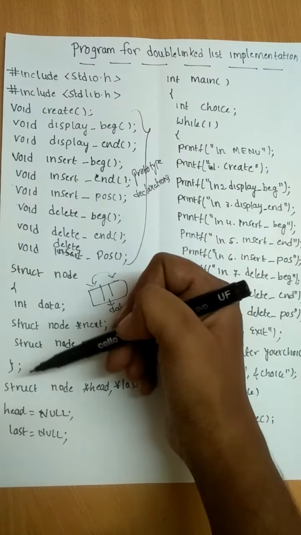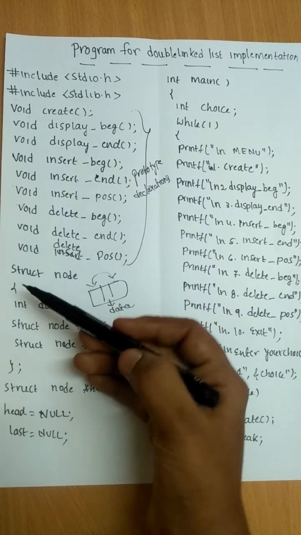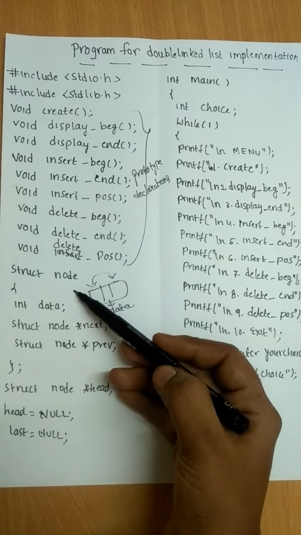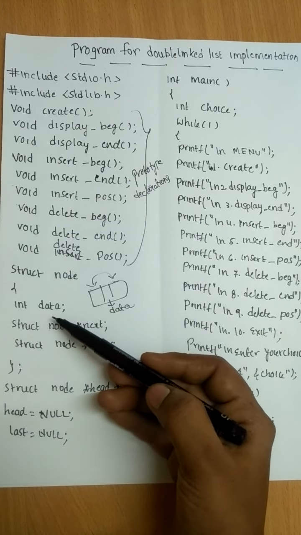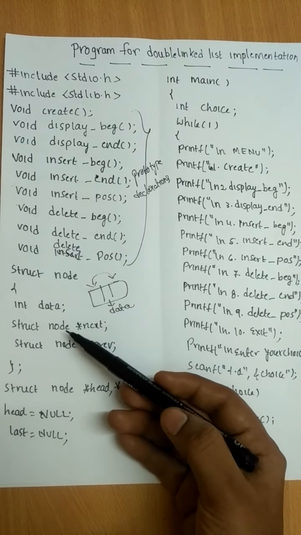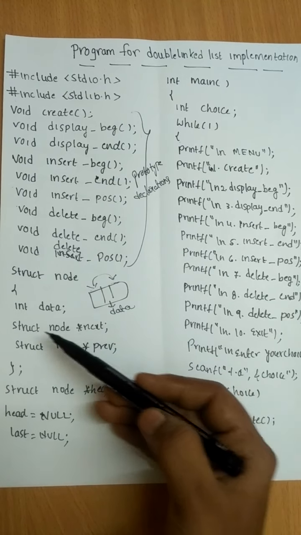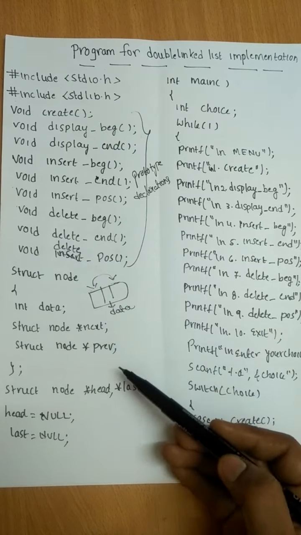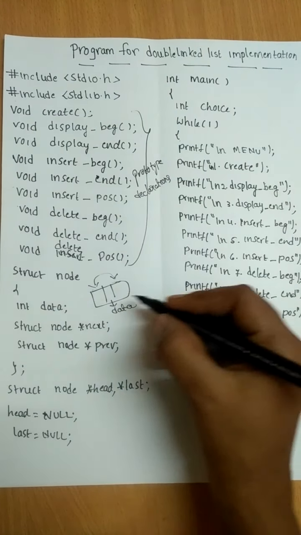This is a self-referential structure, a structure pointer pointing to the same structure. So define a structure node with a data value and two address values, the pointers next and previous.